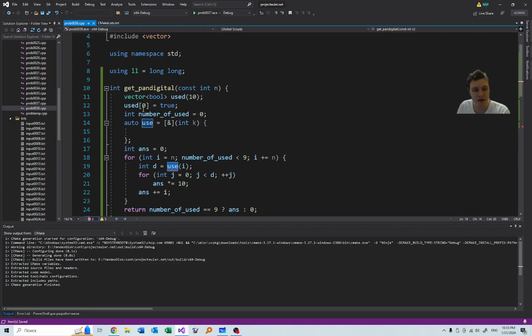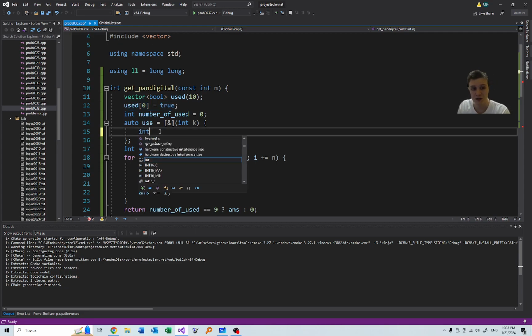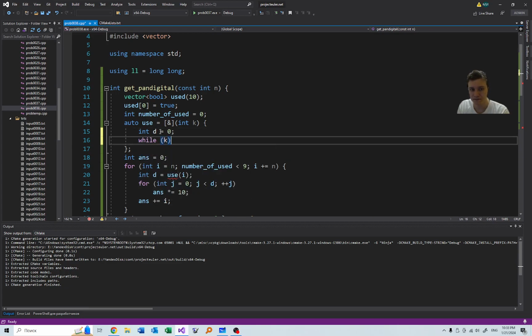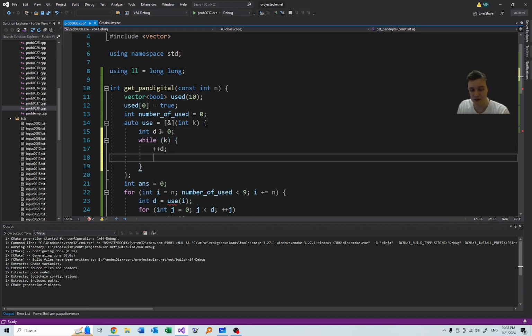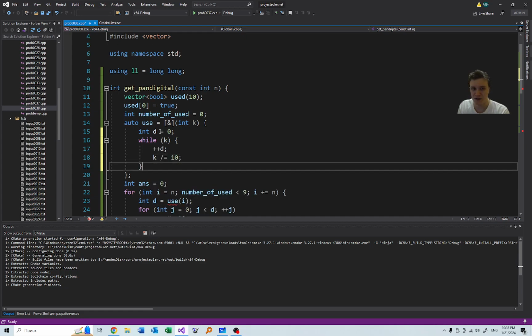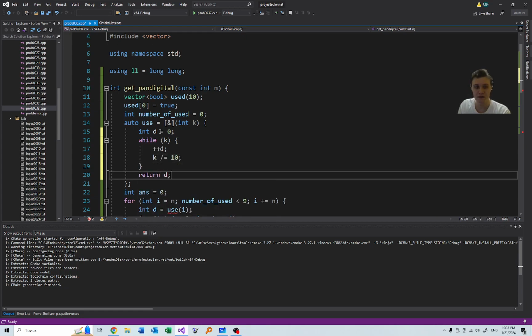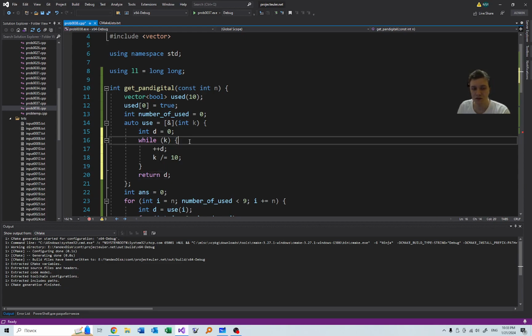This use function should store necessary truths in this array used, and it should return the number of digits. So let's start with the number of digits. While k, d plus plus, k divided equals 10, and we return d. So now it does almost exactly what it needed to do.